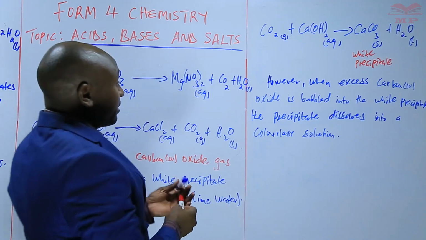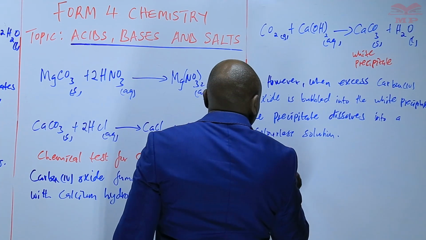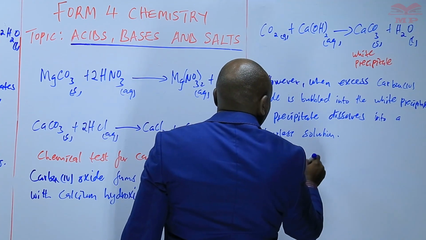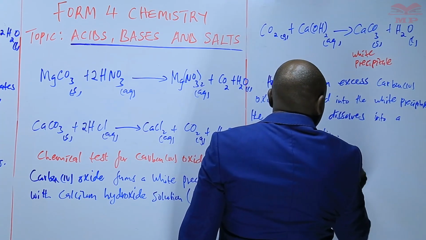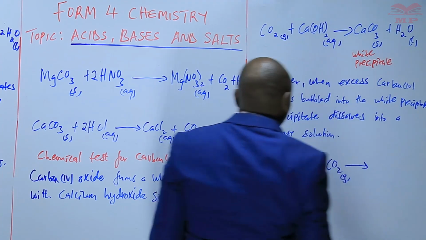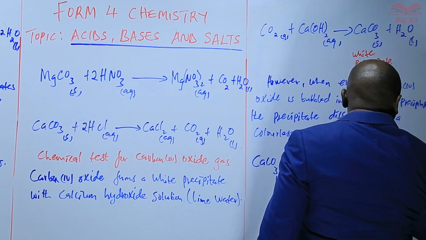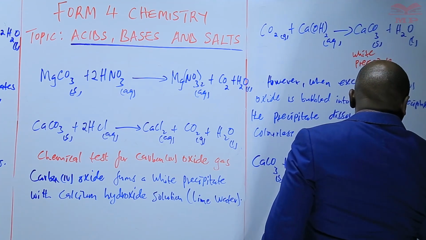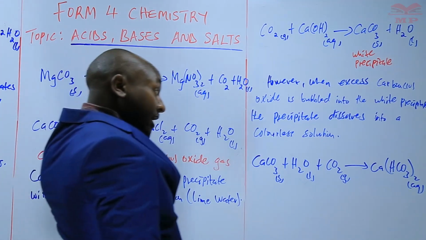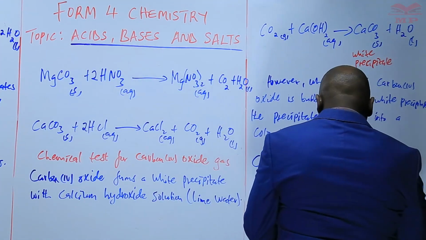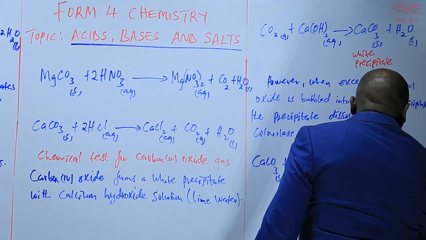So this is actually what happens: when calcium carbonate plus water, which are the products of the first equation, then we add excess carbon dioxide, we end up forming calcium hydrogen carbonate, and this one is a colorless solution.